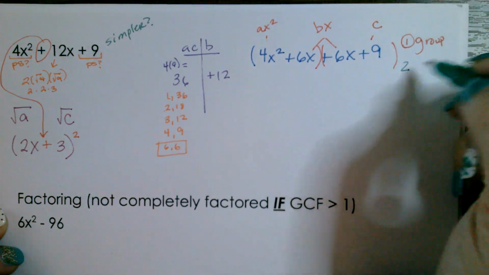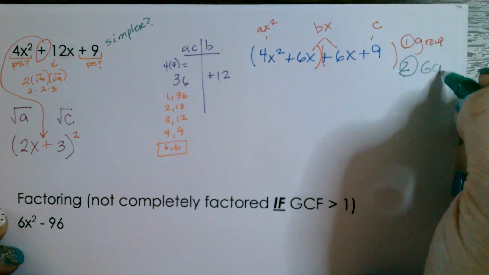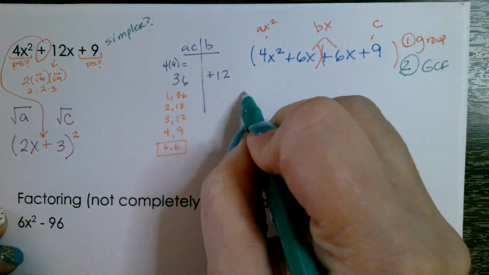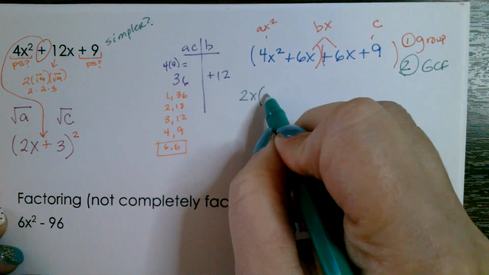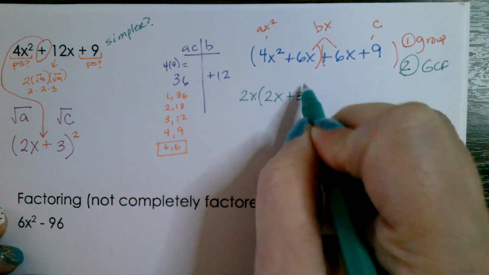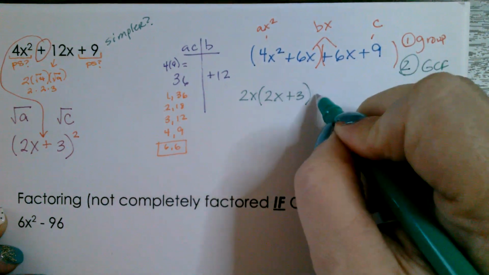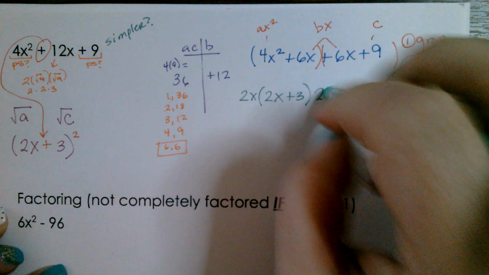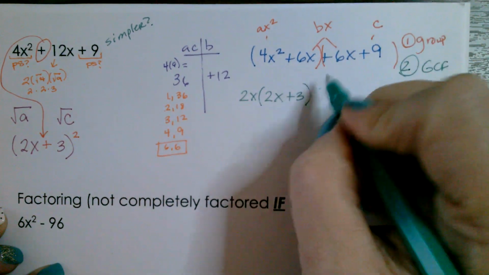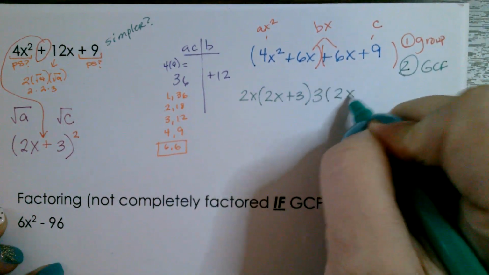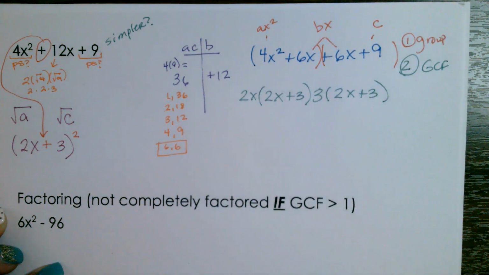Step 2, greatest common factor. The steps don't change. I could take a 2x out, leaving me with 2x plus 3. Ooh, I could take a 3 out of this one, leaving with a 2x plus 3.